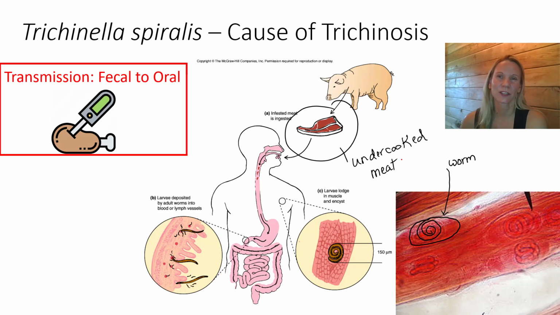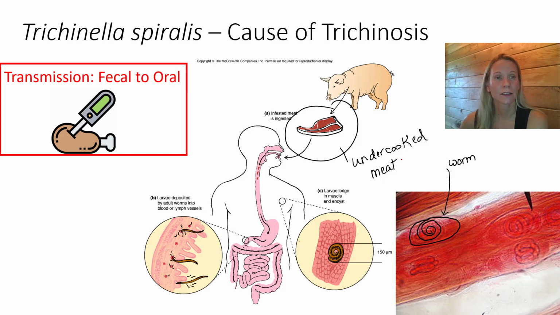This causes a disease called trichinosis. Usually muscle aches are one of the first signs or symptoms of that infection. Following that, you might have a rash, as well as a localized inflammatory response to the area where it's embedded.